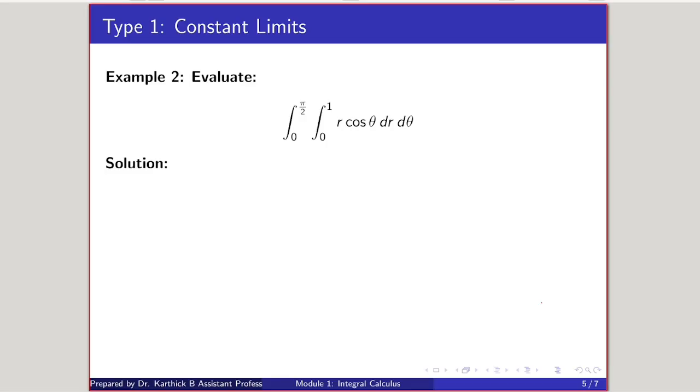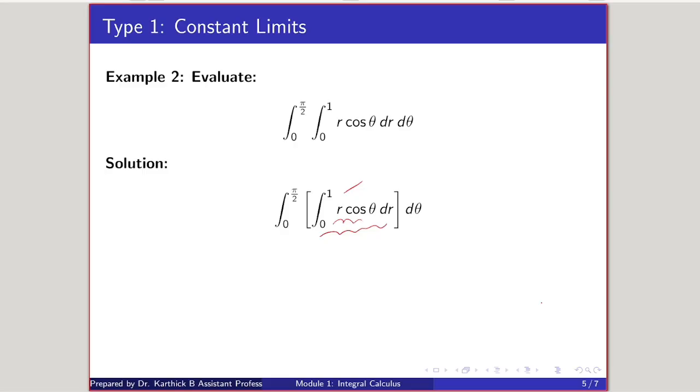Now the next problem. We may refer that our limits for r are from 0 to 1, then theta varies from 0 to pi by 2. Of course, it is a constant. So the same process, we will evaluate the inner integral with respect to r.